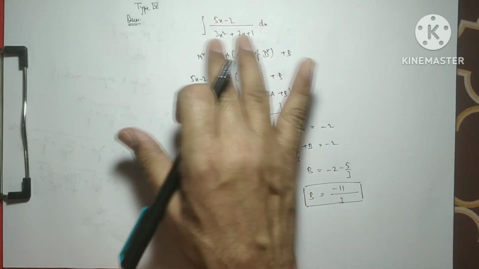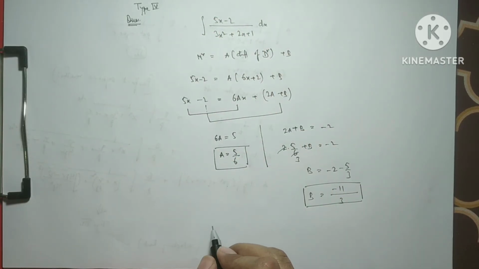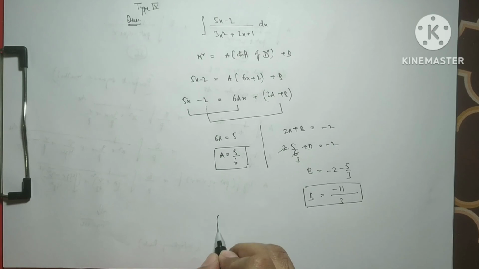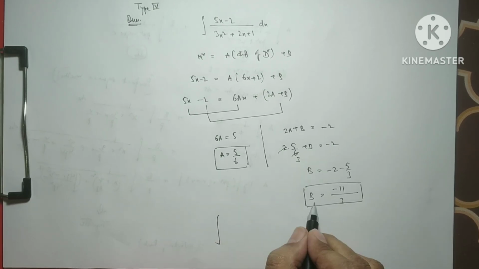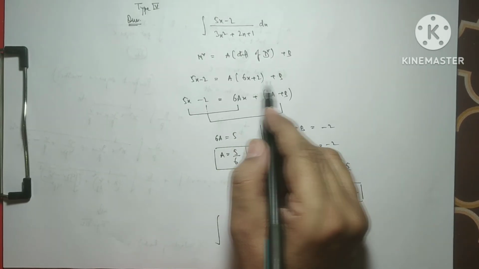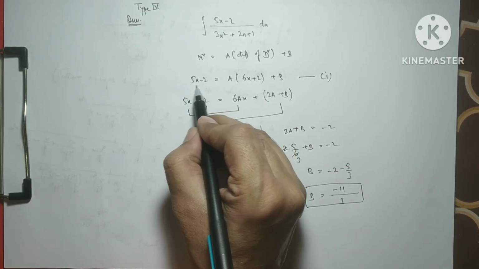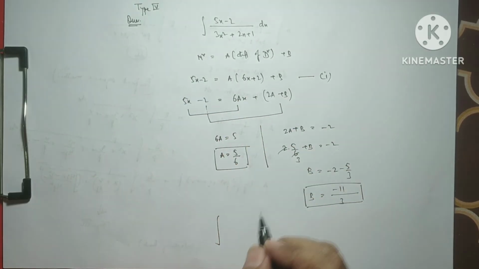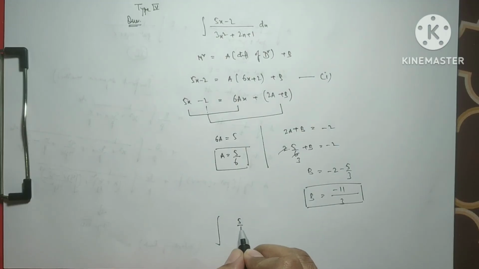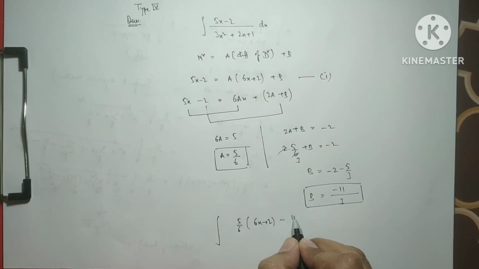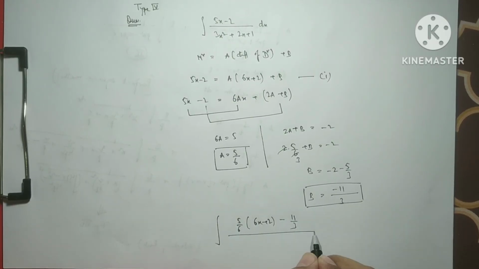So this question will be converted into the form, we will put these values in equation 1, and we substitute 5x minus 2 as this. So it becomes 5 by 6, 6x plus 2, and b is 11 by 3, and the denominator as it is 3x square plus 2x plus 1.